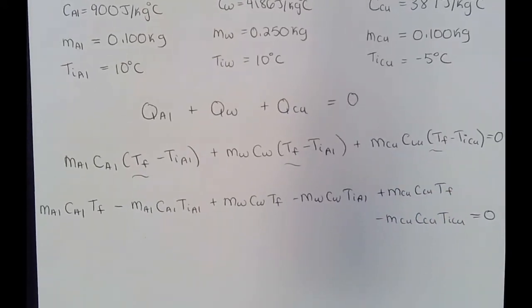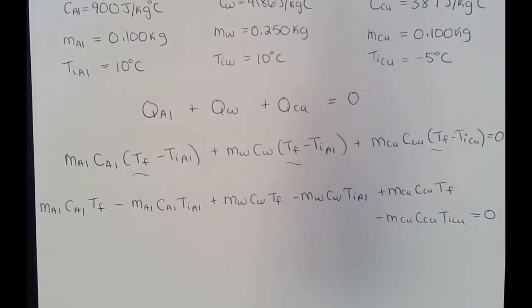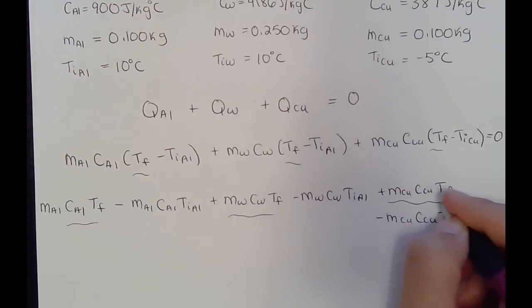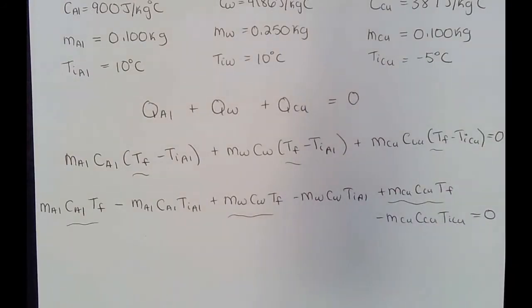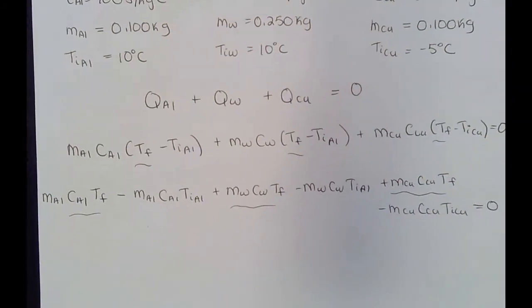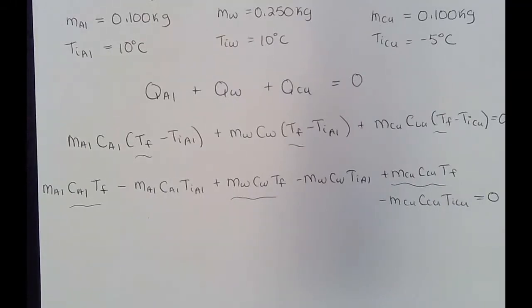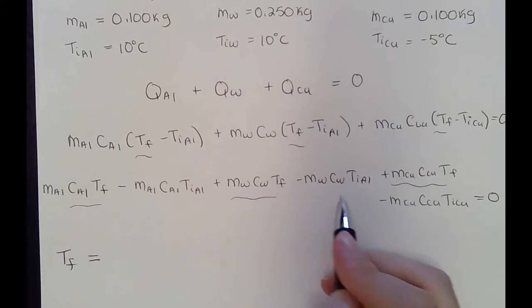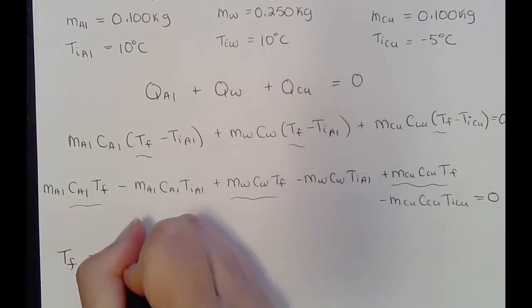Okay, and at this point I want to get all of these terms by themselves. Again, my unknowns. Move the known terms to the other side and isolate TF. So I'm going to do that all in one step. These negative terms will now become positive on the right side.